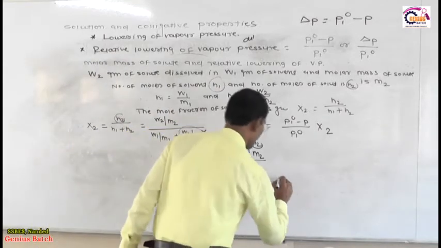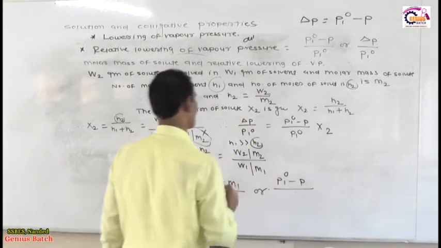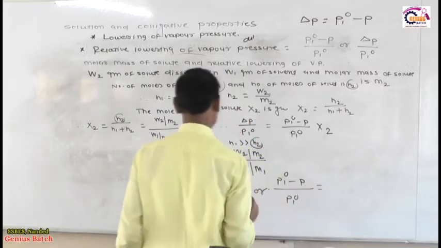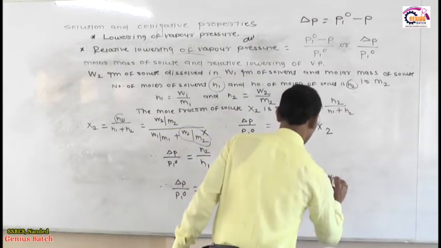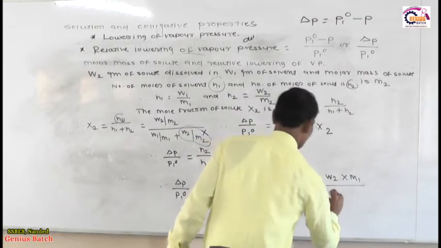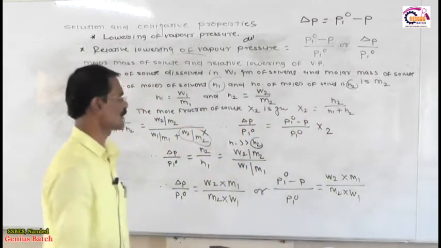Or we write the equation this way. Delta P means P10 minus P, divided by P10, is equal to W2 into M1 divided by M2 into W1. So this is the formula.